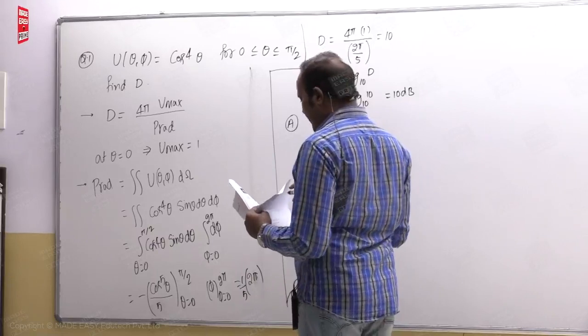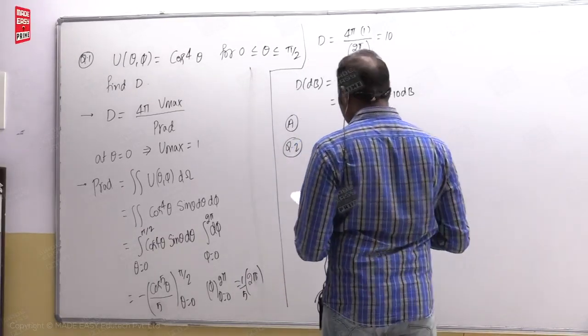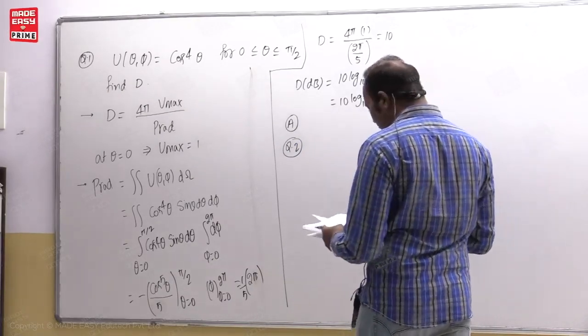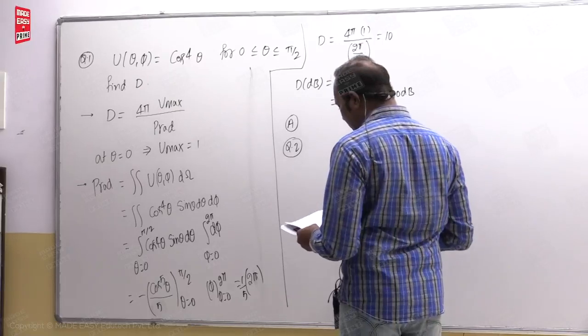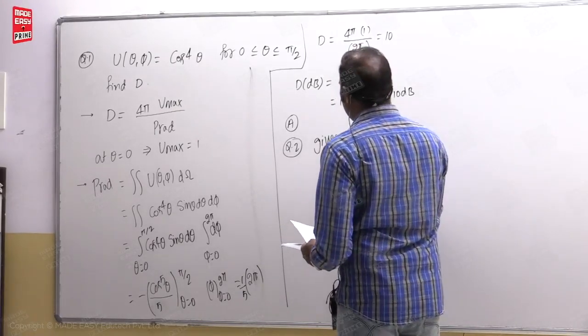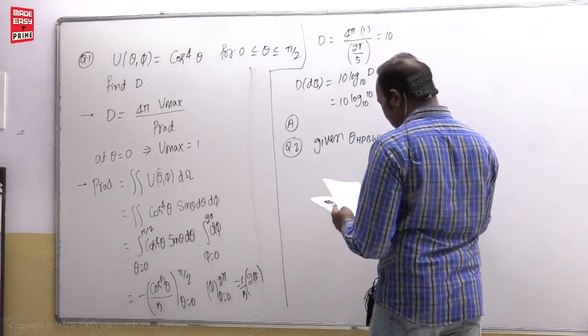Okay. Next, question number 2. In this question, the half power beam width in one plane is given as 30 degrees.